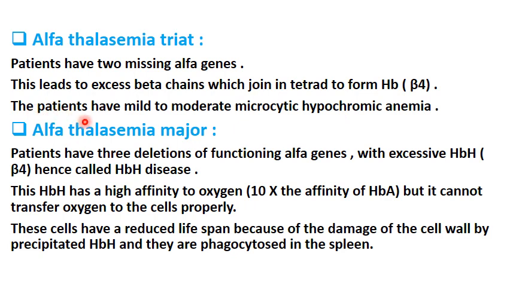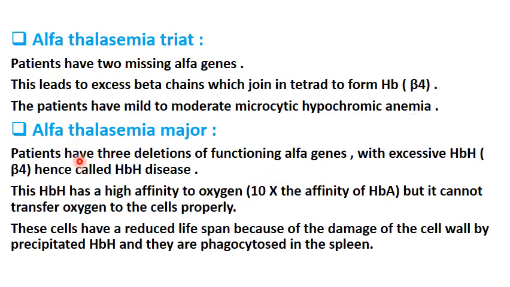The patient in such a case has mild to moderate microcytic hypochromic anemia. So the clinical symptom of such a patient is just mild anemia. When we do a blood film for such a patient, we just find mild to moderate microcytic hypochromic anemia.